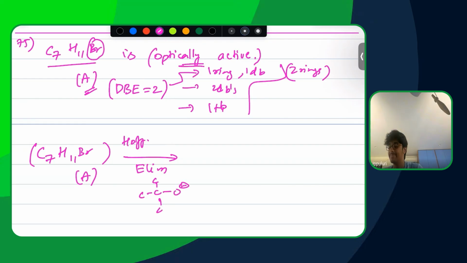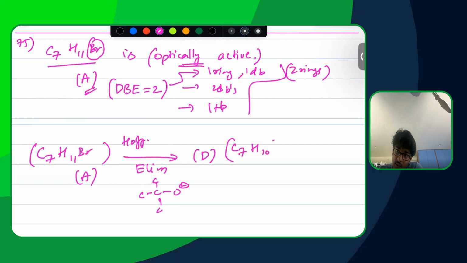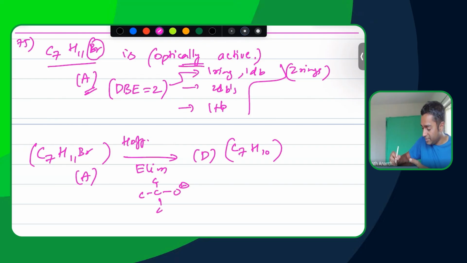And I'm going to be getting a compound D. That means I'm eliminating out the bromine, so I'm going to be getting C7H10. The C7H10 is going to have a double bond equivalent of 3.